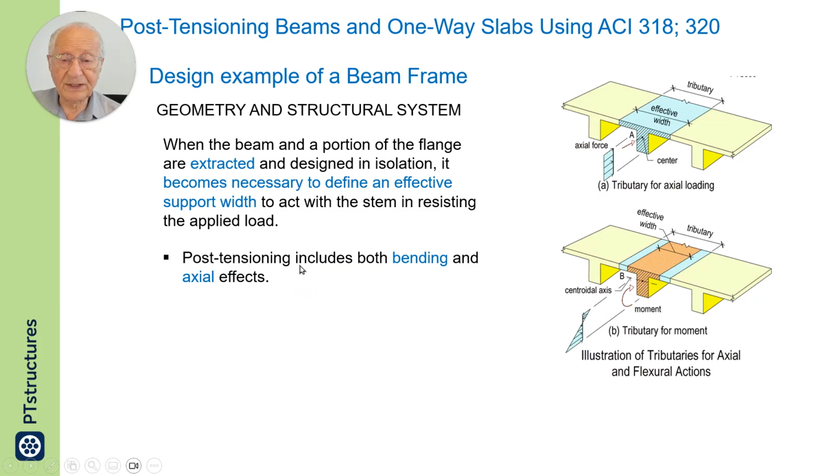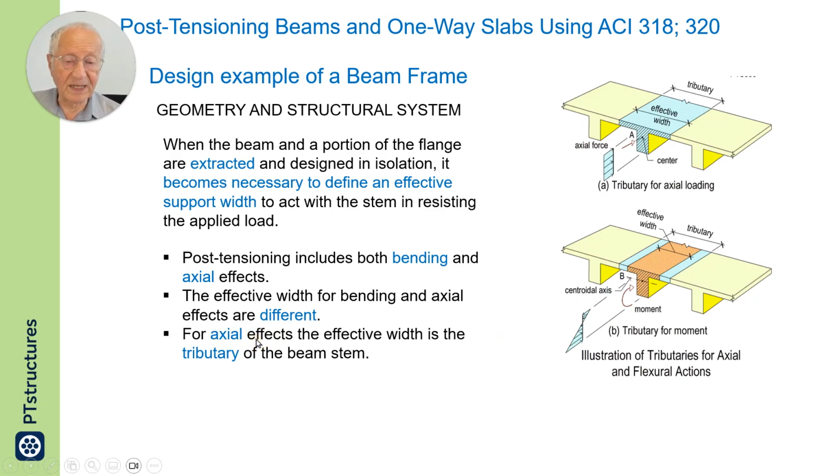Post-tensioning includes both bending and axial effects. The bending effects will be applied to this cross-section, and the axial will be applied to that. The effective width for bending and axial are different, as shown in the diagram.